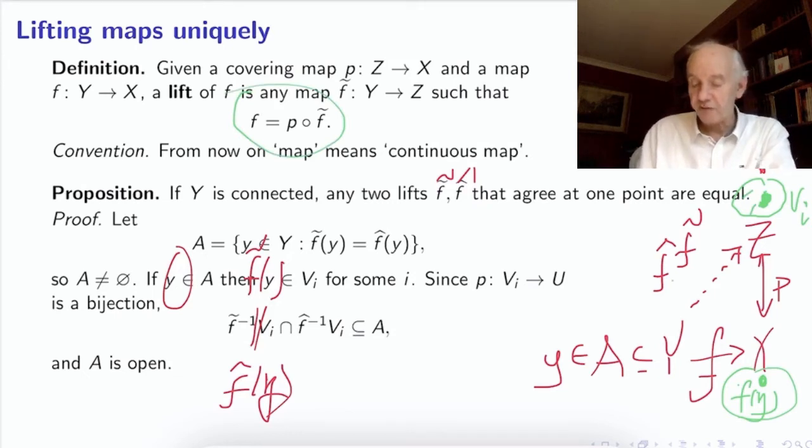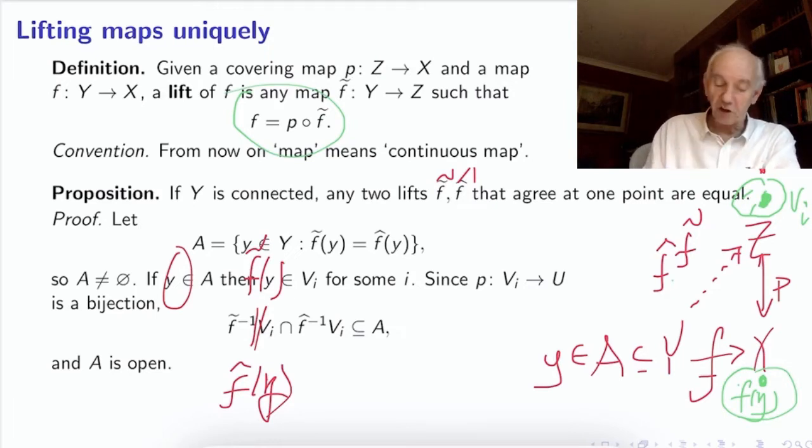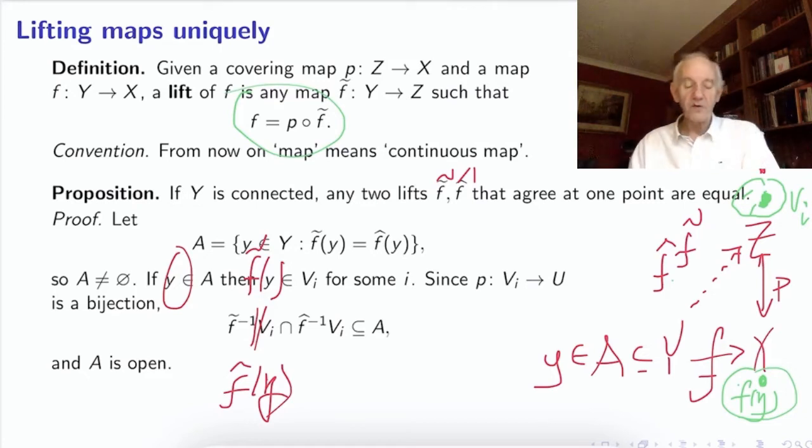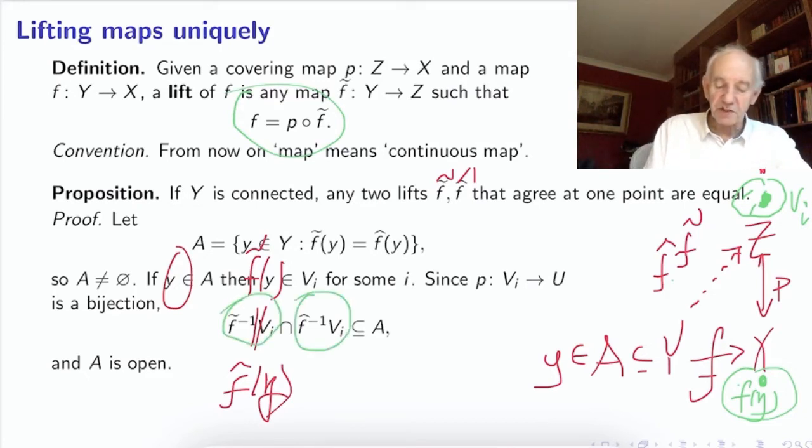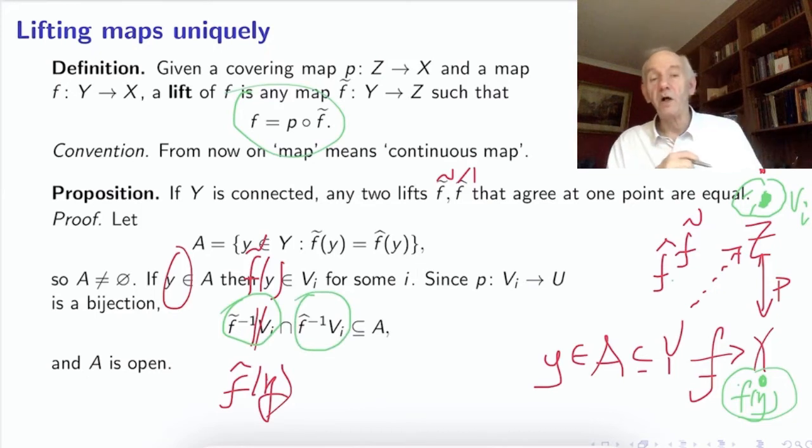And therefore, when we take the inverse image of V_i by each of these two maps, these are both open sets, then this intersection has to belong to A. Okay, so in fact they agree.